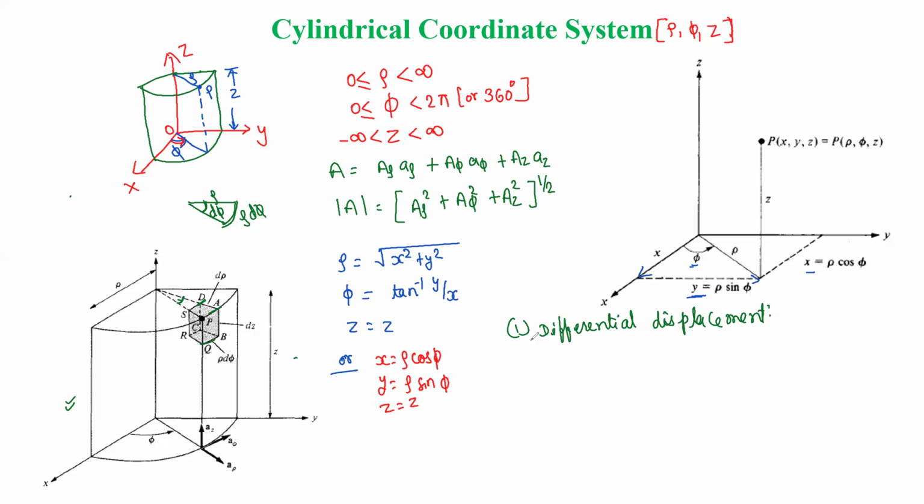Here we have a similar representation, dl. The differential dimensions are d rho, so d rho times the unit vector a rho, plus rho d phi times the unit vector a phi, plus the vertical dz times the unit vector a z.